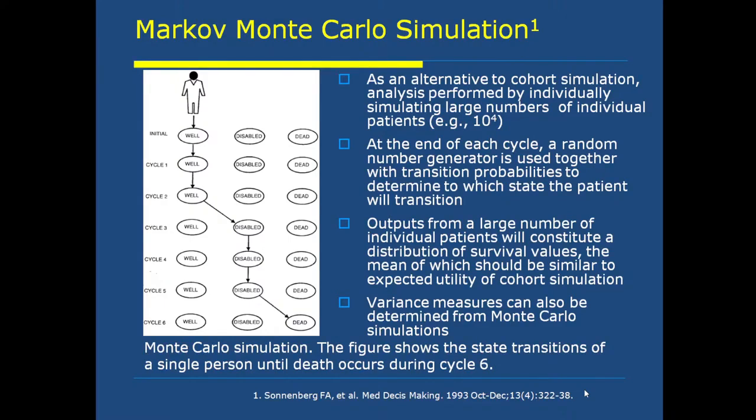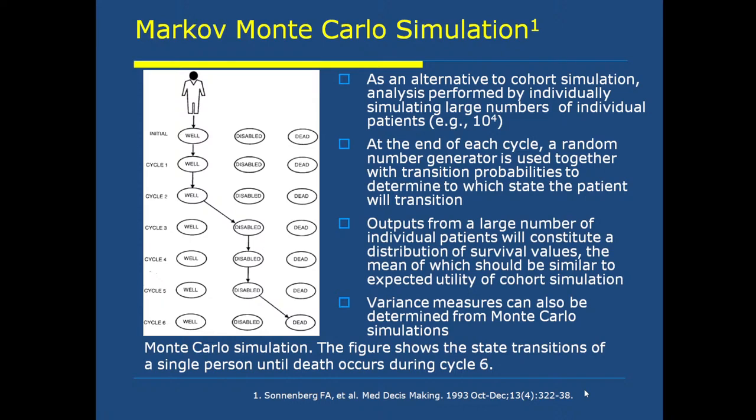As an alternative to cohort simulation, analysis performed by individually simulating large numbers of individual patients. At the end of each cycle, a random number generator is used together with transition probabilities to determine to which state the patient will transition.